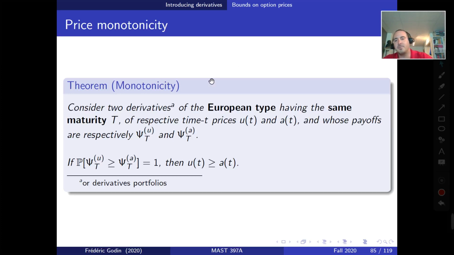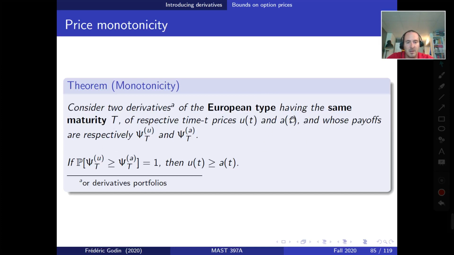So let's consider two derivatives. I've put a footnote here: these can be portfolios of derivatives instead of single derivatives of the European type. So we're going to assume that the payoff is given at a single possible date capital T. And we're going to assume that the two derivatives have exactly the same maturity capital T. We're going to denote their respective prices by U_t and A_t.